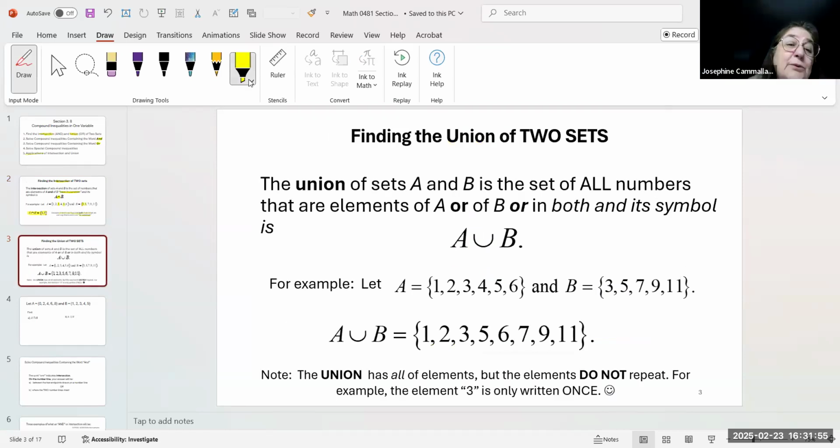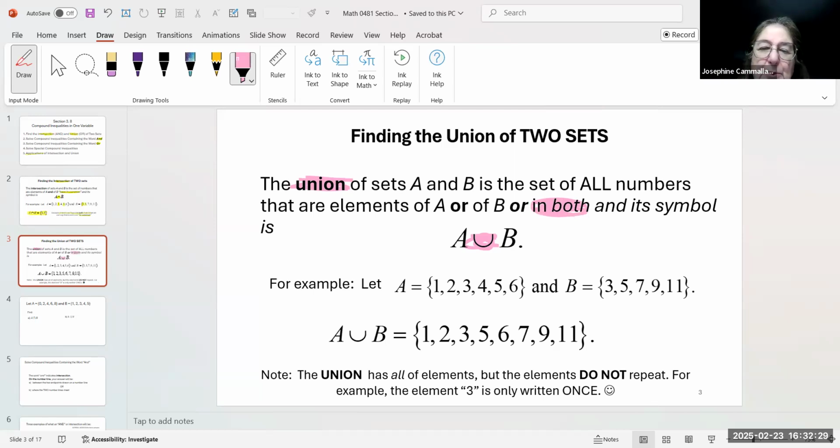Now, notice how different this is. This is a U for union. Now, the union of two sets is basically joining together, putting together the elements of A or the elements of B, and basically we're putting them both together.